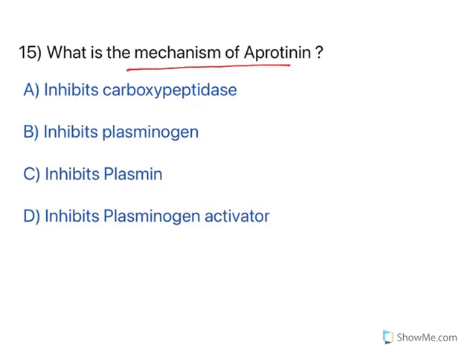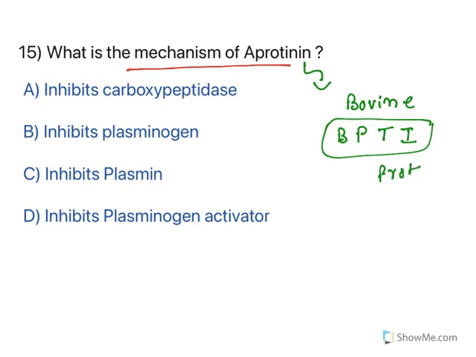Now, what is the mechanism of aprotinin? See, you need to know about this aprotinin. Aprotinin is derived from bovine intestine. It is known as bovine pancreatic trypsin inhibitor. It inhibits many proteases. One of the major proteases is plasmin. Now, what is the function of plasmin?